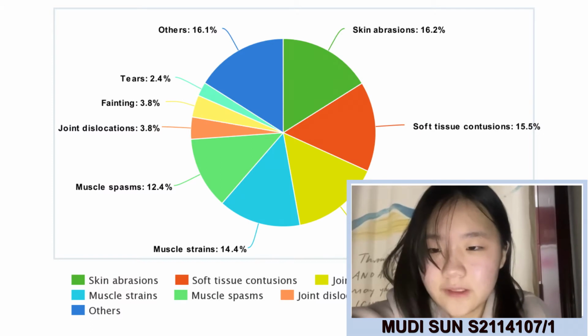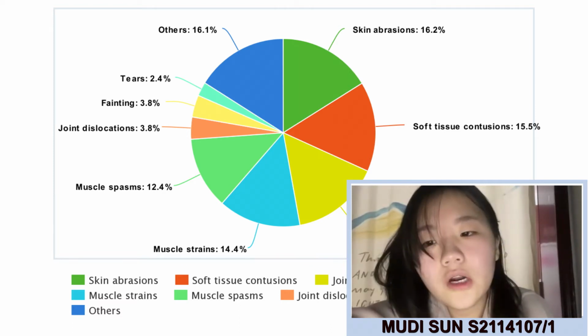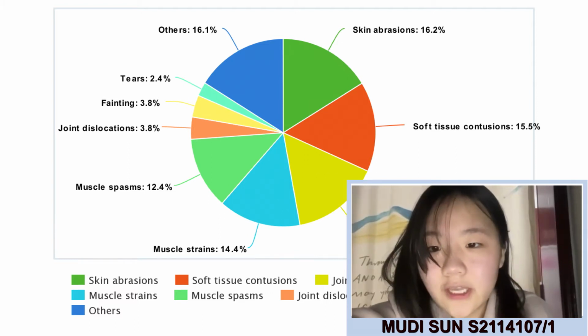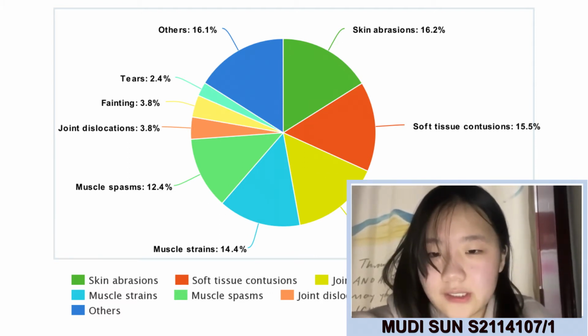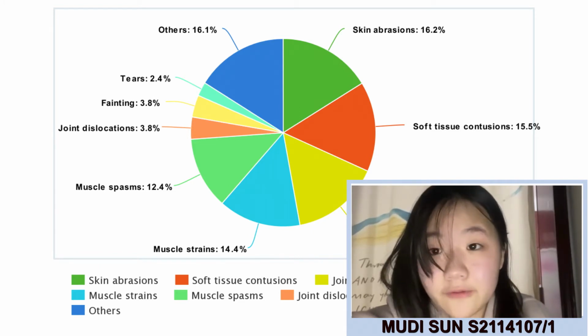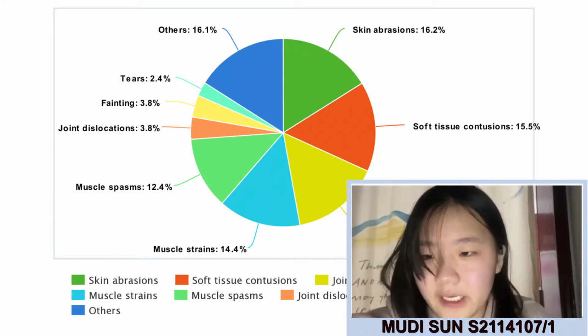In terms of the type of injuries, skin abrasions are the most common, accounting for 16.2% of all injuries. Soft tissue contusions and joint ligament injuries closely follow with 15.5% and 15.4% respectively.